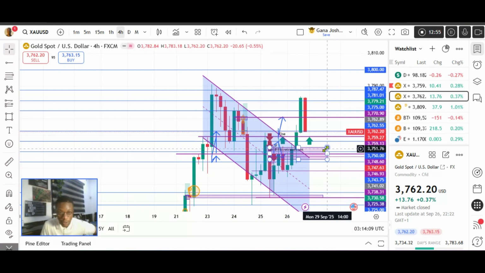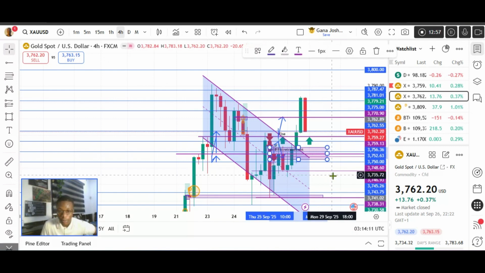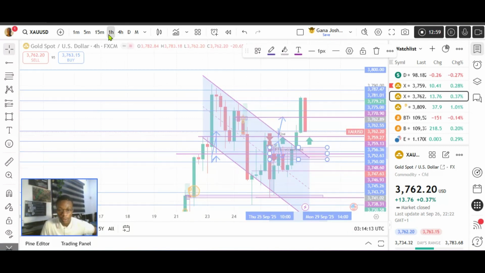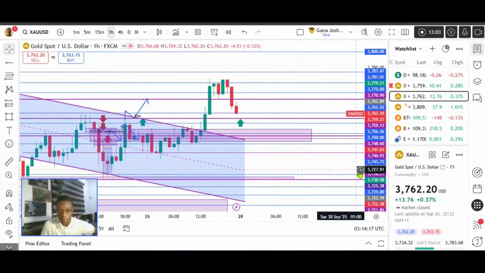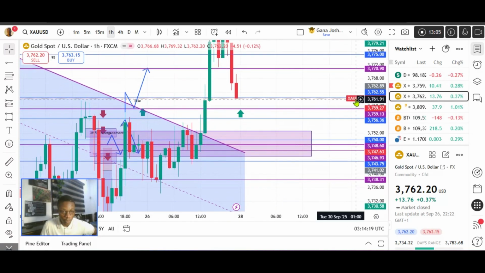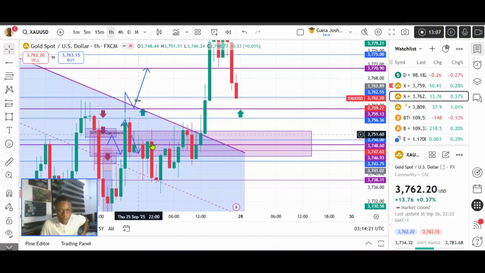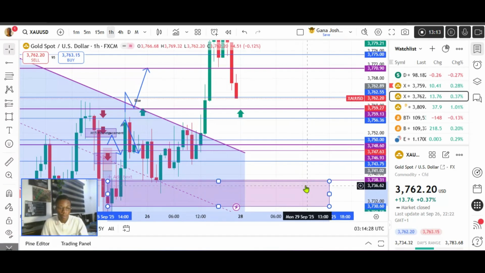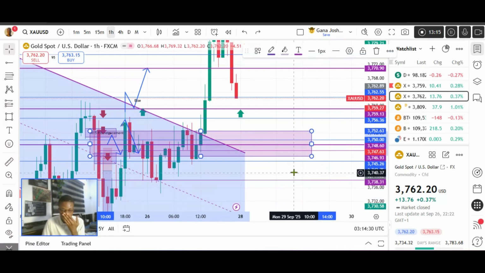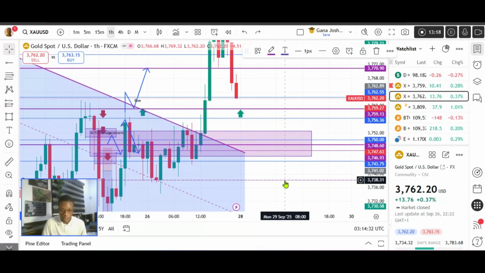I think I have it marked, this one. So we'll be expecting price around this level too.